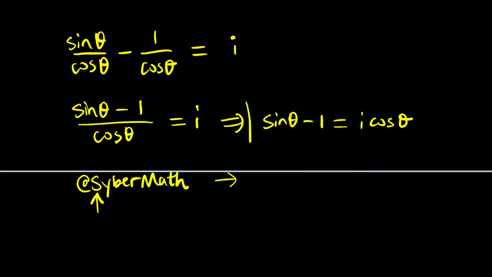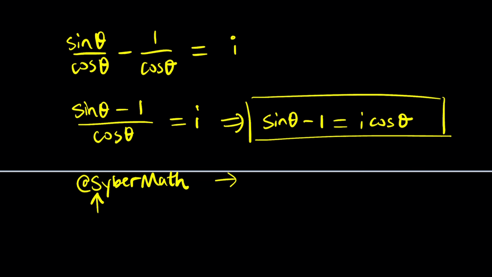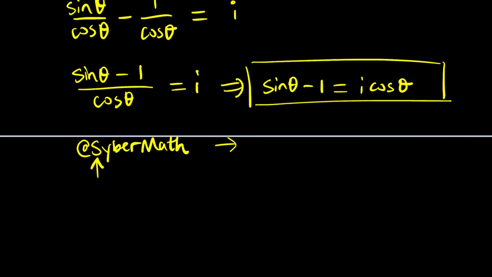Great, so we have this equation now, and what can we do to solve that equation? Now, our equation turns into something easier to handle because we only have sine and cosine, which is good. So one thing you can do with these kinds of equations is you can use the Pythagorean identity, right? Sine squared theta plus cosine squared theta equals 1, even when theta is complex.